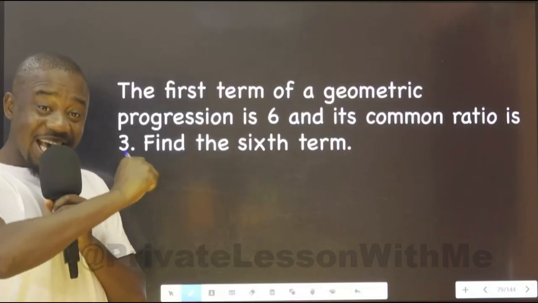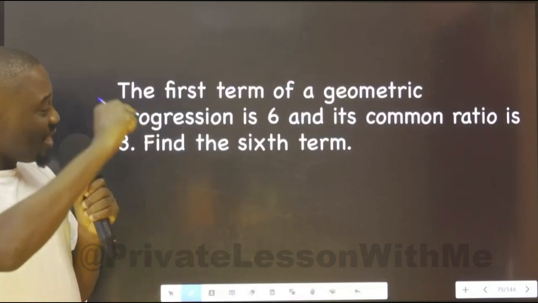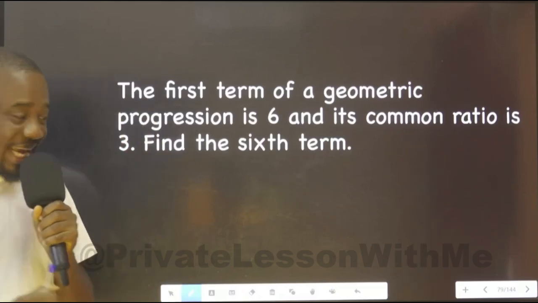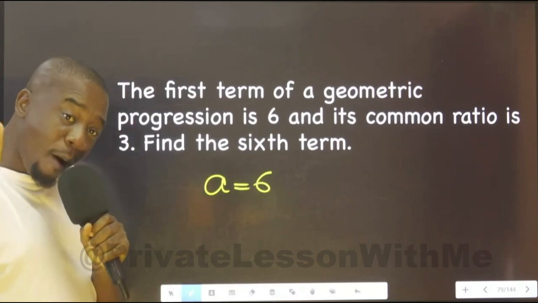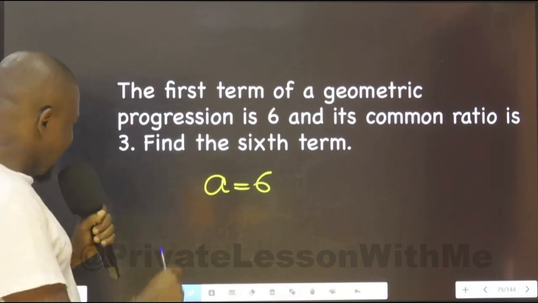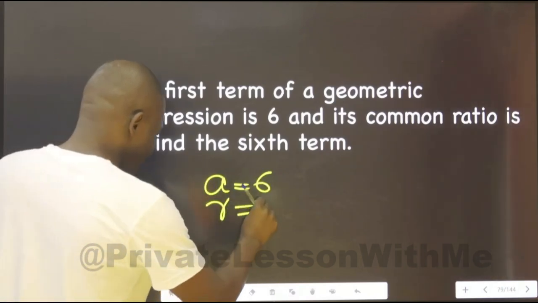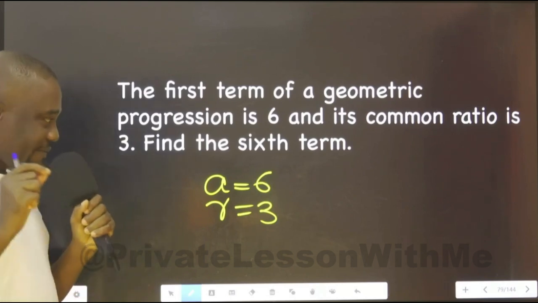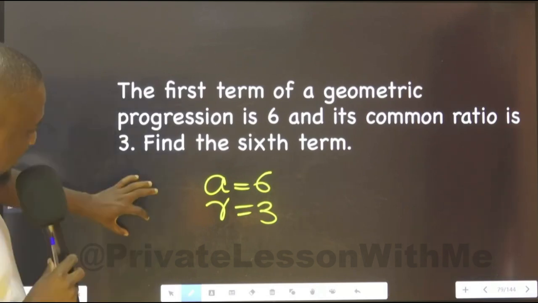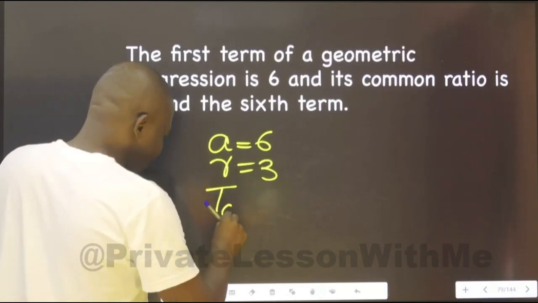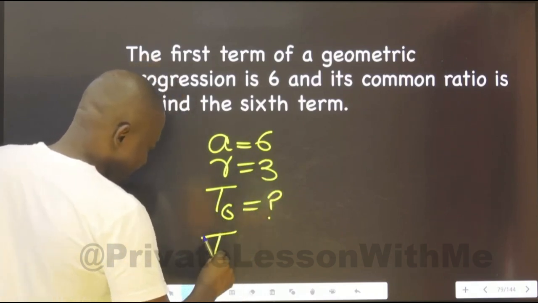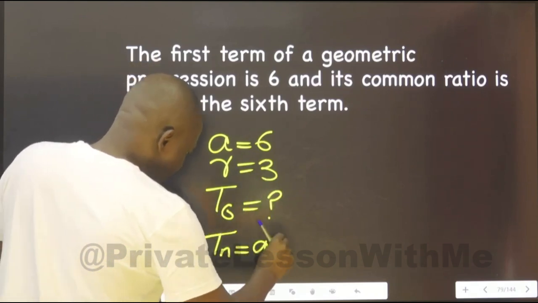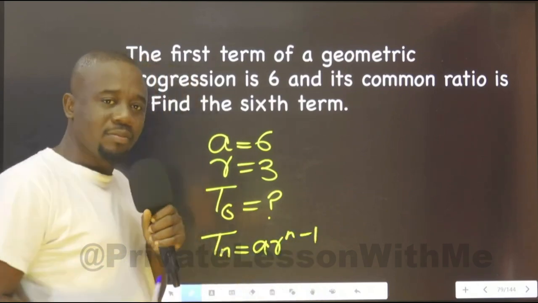Let's look at this. It says the first term of a geometric progression is 6. That is, a is equal to 6. And its common ratio is 3. Find the sixth term. The formula says any term is equal to ar^(n-1). Okay?